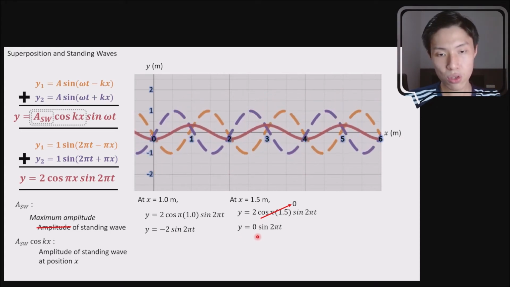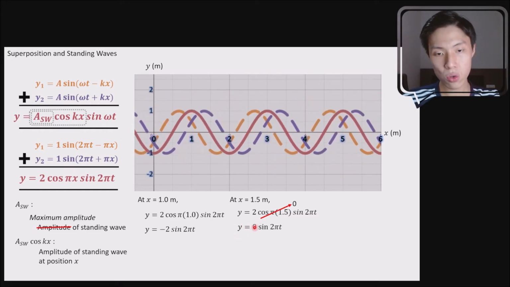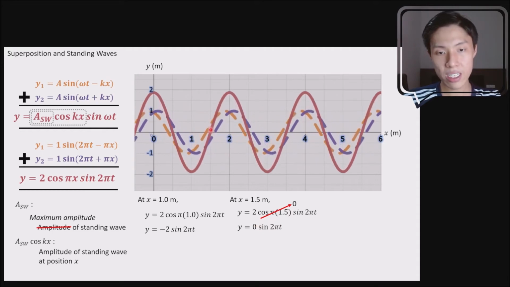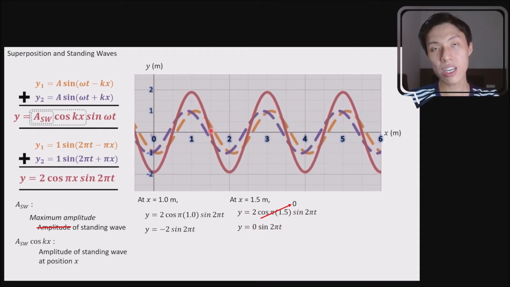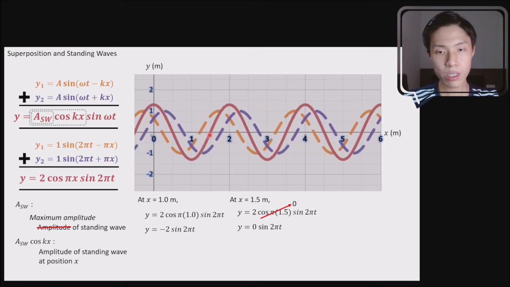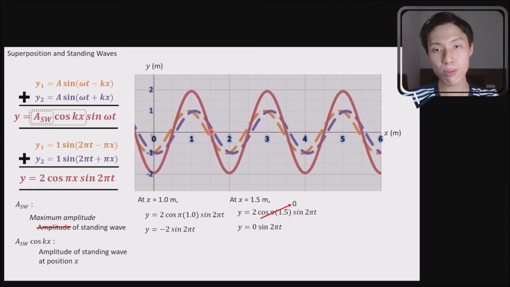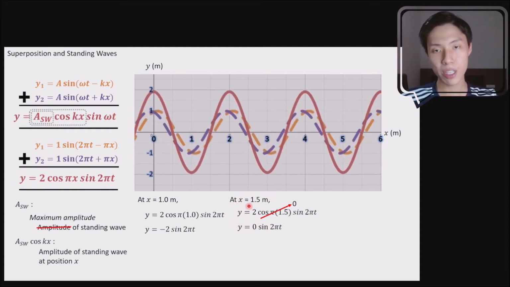So x equals A sine omega t, which in chapter 10 becomes y equals A sine omega t. So the amplitude of the SHM at x equals 1.5 is 0, just as we predicted earlier. Of course, 0 times anything gives you 0. So that means the displacement is always 0 at x equals 1.5 meter.